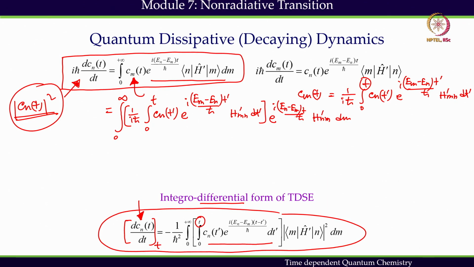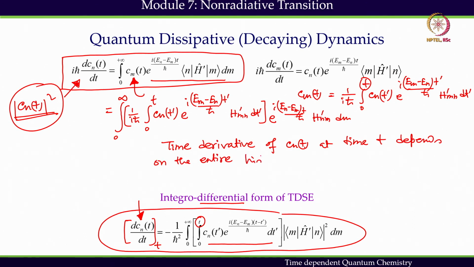So basically this equation shows that the time derivative of Cn(t) at time t depends on the entire history of evolution of Cn(t), from t equals 0 to final time t.